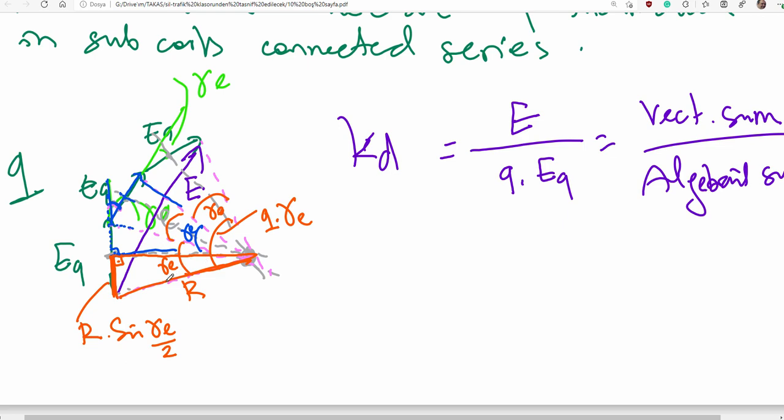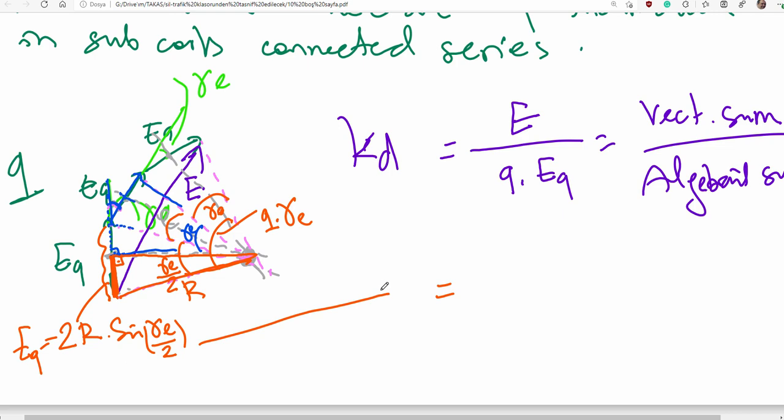That is half of gamma electrical, gamma E over 2. That is this portion. And then two of them make total this, and then that is the EQ.